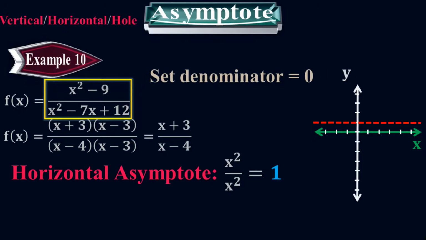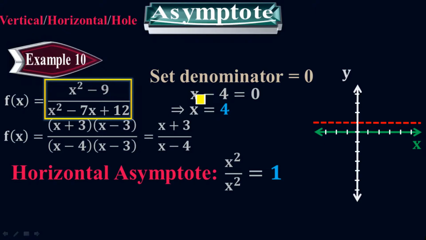Now set the denominator equal to 0. What is my denominator right now? x minus 4 is the denominator now, because I have cancelled this x minus 3 with the x minus 3 in the numerator. So I am left with only x minus 4. x minus 4 is the only denominator that I have left. So just make it equal to 0. Set x minus 4 equals 0, which implies that x equals positive 4.